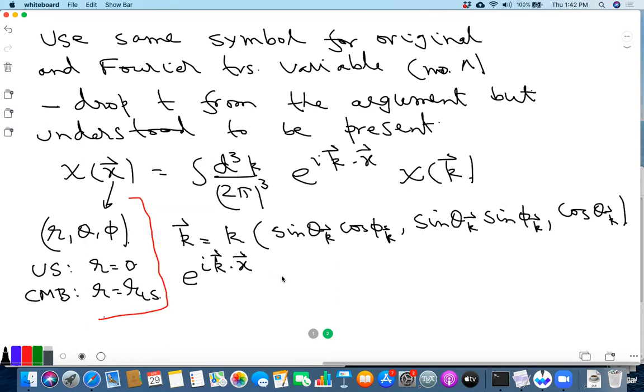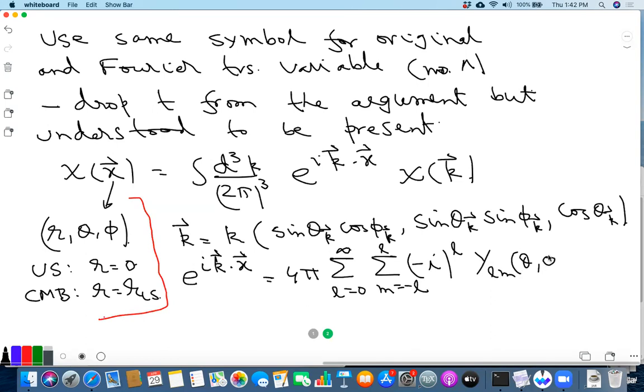So e to the i k dot x has a nice expansion, which is 4 pi sum over L equal to 0 to infinity, sum over m equal to minus L to L, i to the L, Y_Lm(theta, phi), Y_Lm(theta_k, phi_k) star and j_L(kr). So j_L(kr) is the spherical Bessel function.